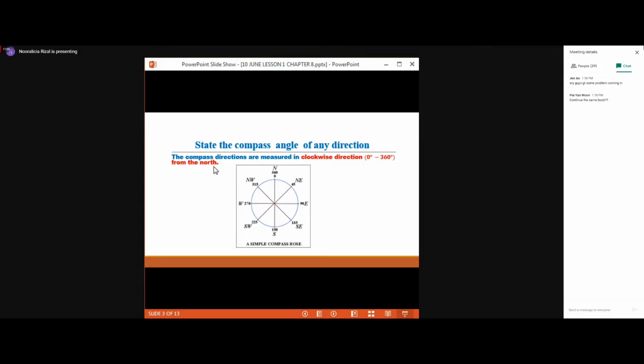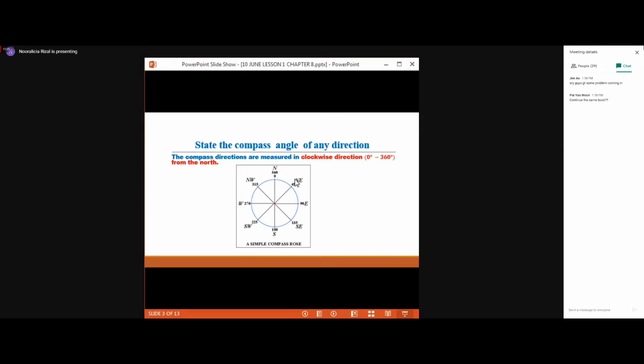Okay. So this diagram here, you don't need to copy down. The one I want you to copy down is the first, the info here, the first note. So this one is just telling you, all right? So it says from north, so you can look here. From north, all right, it must be 0 degree. Then you move clockwise direction.